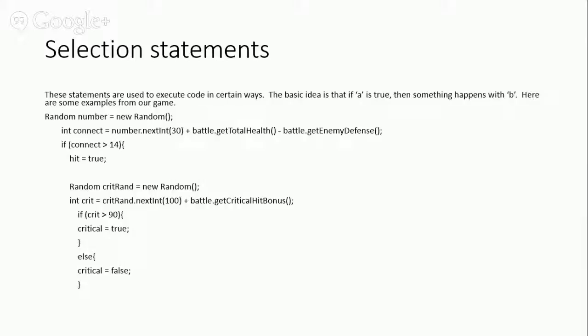So we have the statement if that number is greater than 90, then the variable critical equals true. So if it is greater than 90, then we're able to do something with this next variable that we introduce. But then we also have an else statement saying basically that if critical is not greater than 90, then that variable is false. And so an if-then statement takes care of both of those events that would possibly happen.